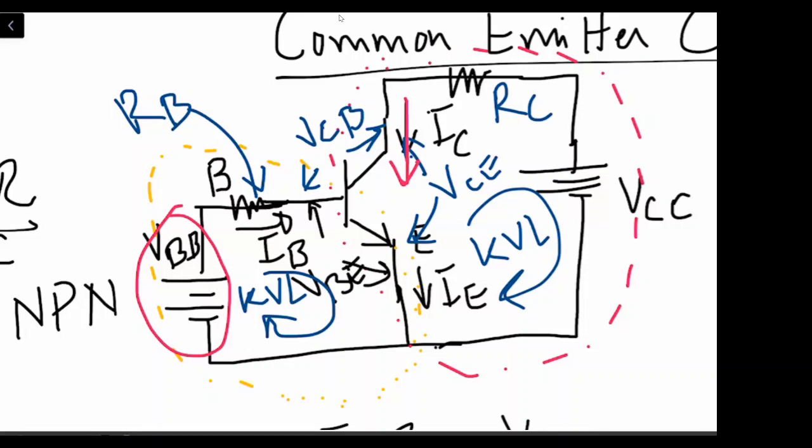Now this is clear, right? So if the base emitter junction is not forward biased, this means the base emitter junction is now reverse biased, right?